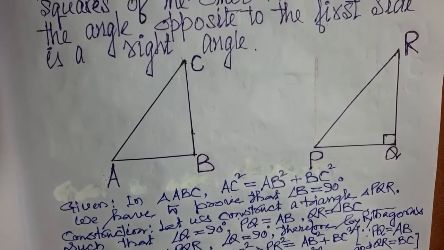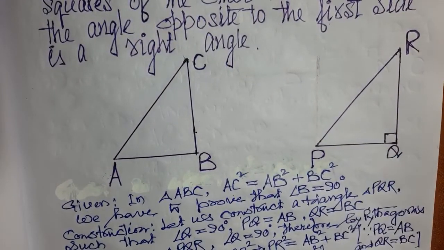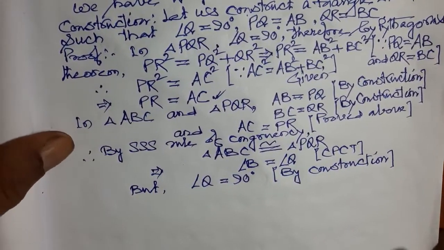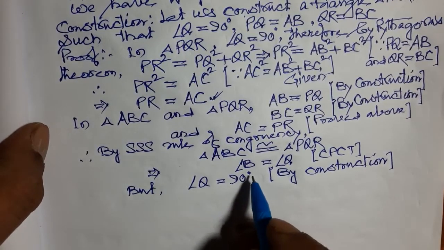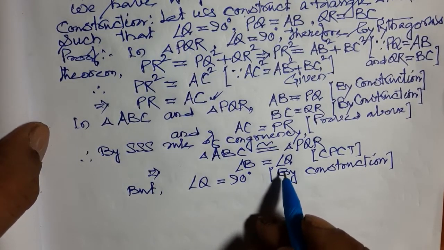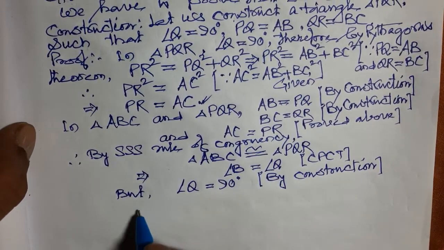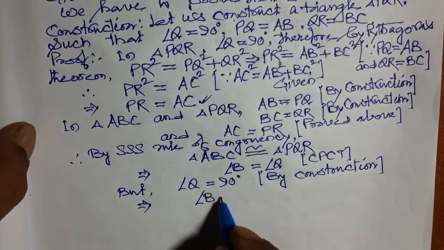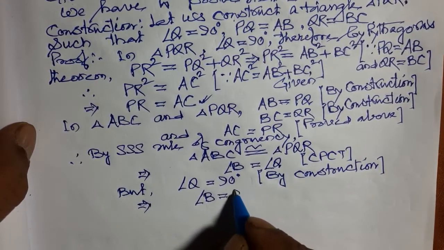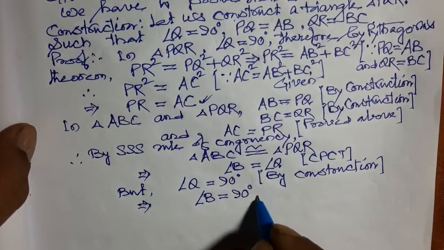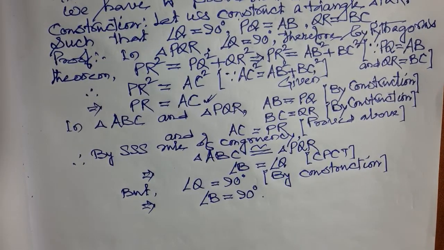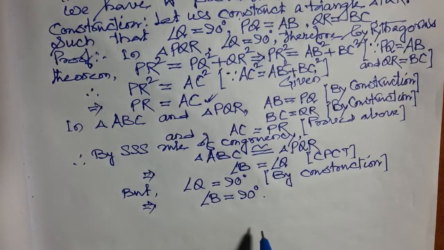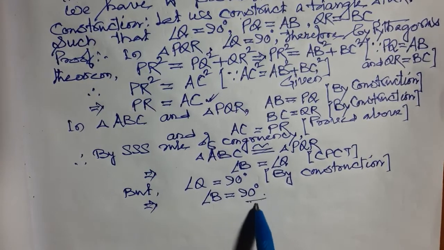Angle Q is equal to 90 degree and angle B is equal to angle Q, implies angle B is equal to 90 degree. Therefore, angle B is equal to 90 degree.